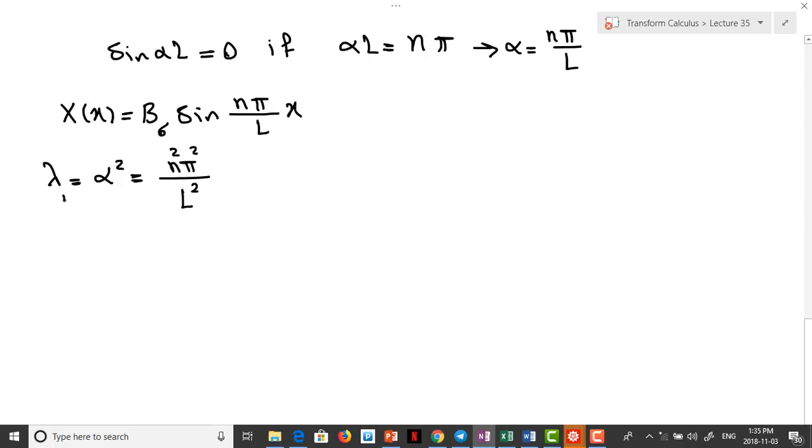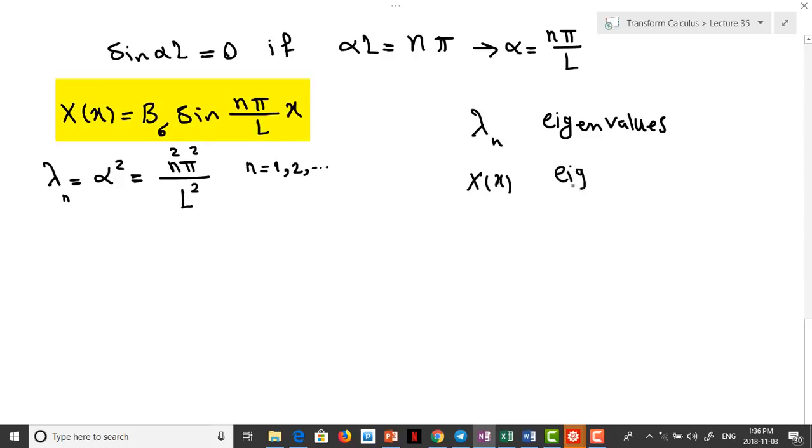Here I call it lambda n because we have different lambdas for different values of n. n can be equal to 1, 2, 3, 4, and so on. It's a positive integer number. In this case, we call lambda n the eigenvalues of the system. And we call X of x that we found in this equation the eigenfunctions of the system.